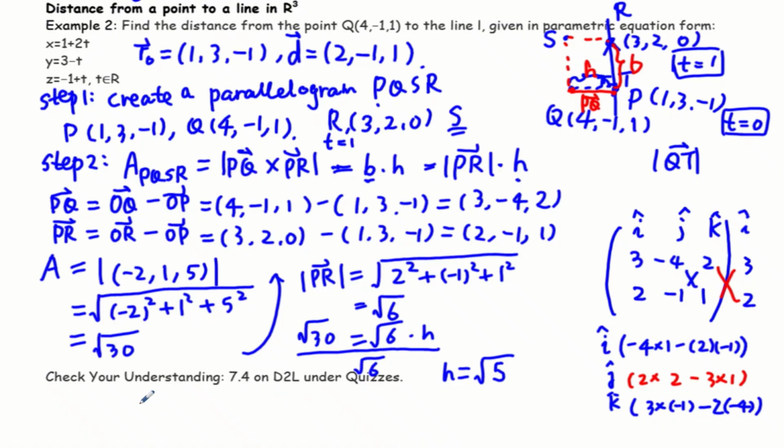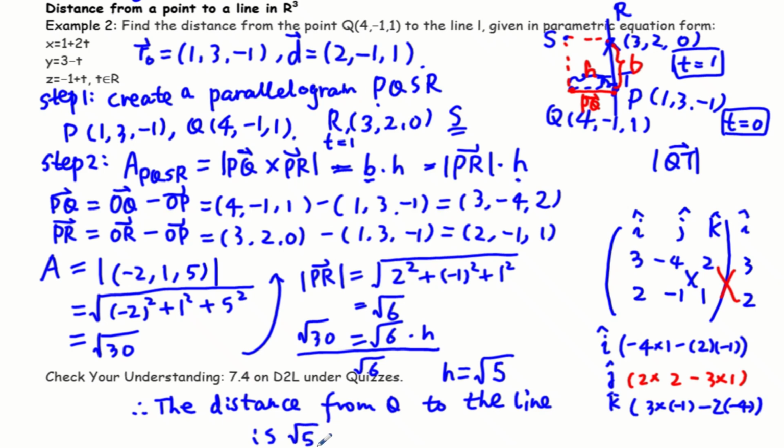So therefore, the distance from Q to the line is square root 5. So that is all for today's lesson.